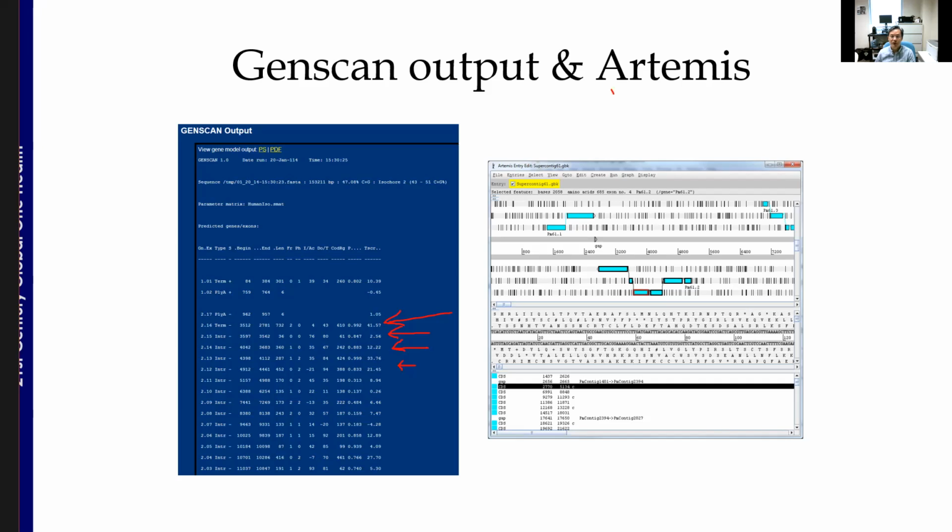Then you can visualize it using Artemis, a Java-based tool like this. This is the positive strand, the negative strand, and all the genes have been annotated based on the automatic annotation tools, the prediction tools. So this is the first round of computationally predicted gene annotation. Then you can do manual adjustment to make it more accurate based on your other experimental information.